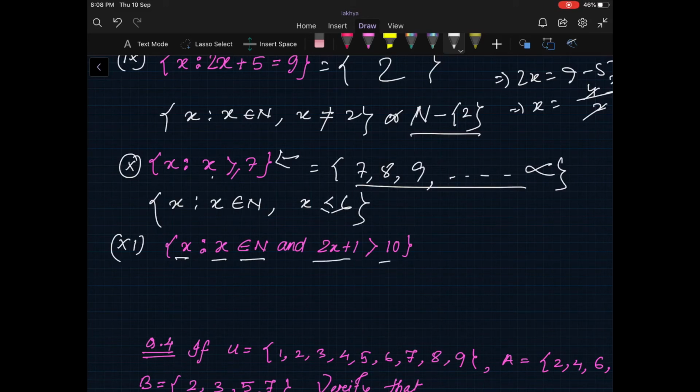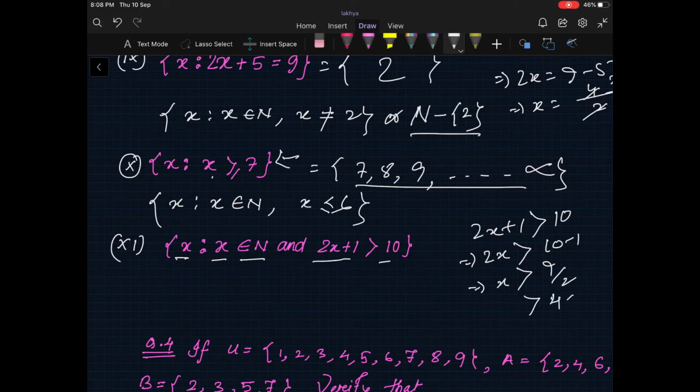And next one, x such that x belongs to N where twice x plus 1 is greater than 10. So twice x must be greater than 10 minus 1, that's why x must be greater than 9 by 2. 9 by 2 means 4 and a half.